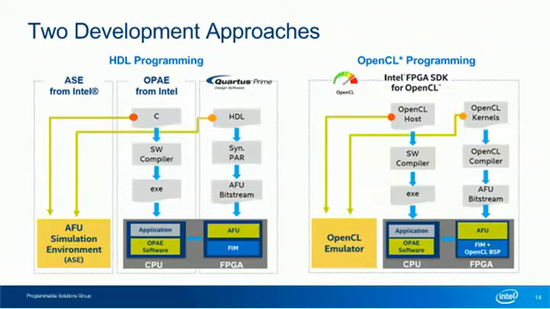The OpenCL programming tool flow is shown on the right. OpenCL is an industry-standard C-based programming language. It allows users to abstract away the traditional hardware FPGA development flow for faster and higher-level development. Intel will provide the OpenCL board support package, which allows the Intel FPGA SDK for OpenCL to automatically construct the kernel compute unit with the CCIP AFU interface.